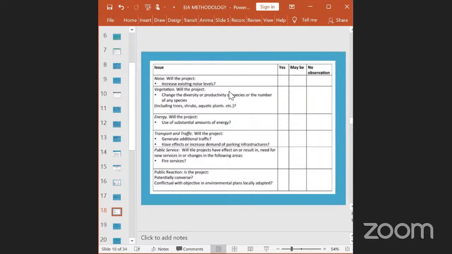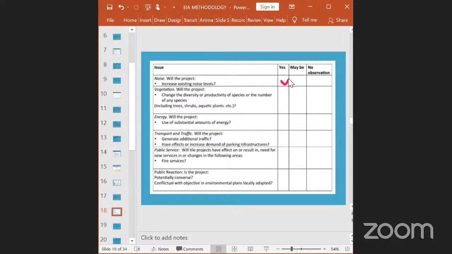So here we can see various questions or issues will be raised and various questions will be answered by using yes or no, or it may be later, or maybe. In this way, there would be a questionnaire of various environmental impacts, right? You see here, for example noise: will the project increase the existing noise level? Is it yes or no or maybe?